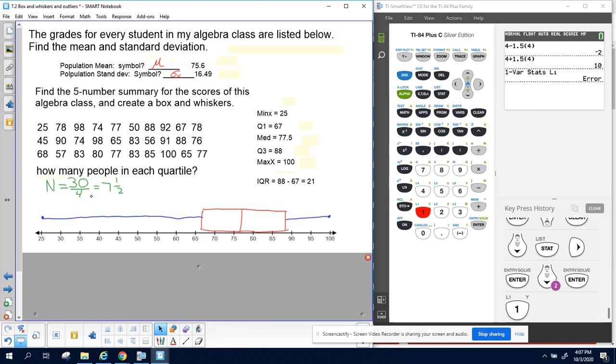And if you divide that by 4, you get 7.5, which means there's 7 or 8 students in this section between 25 and 67 points on that test. There's 7 or 8 students in this section scoring between 67 and 77.5, and so on. 7 or 8 students here and 7 or 8 students at that high end.